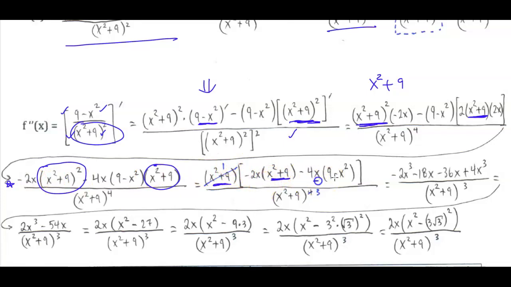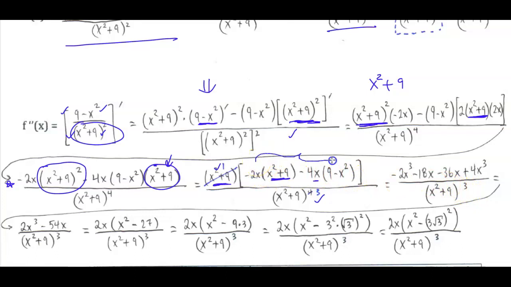Then I have minus 4x times (9 minus x squared). And of course, this is the only x squared plus 9 here, so it doesn't show up anymore. This x squared plus 9 that we see in the numerator is going to not cancel, but reduce to 1 with one of the 4 factors of x squared plus 9 we have here. And so we have (x squared plus 9) cubed.